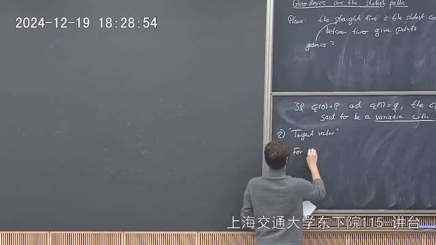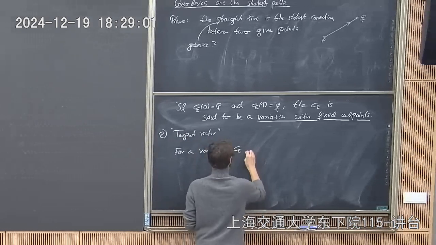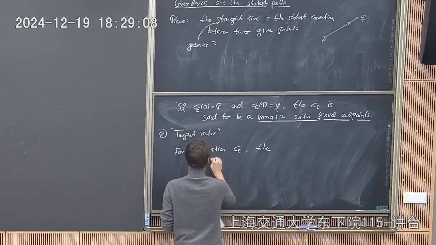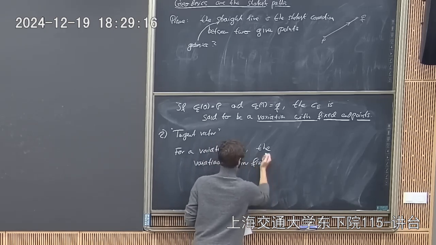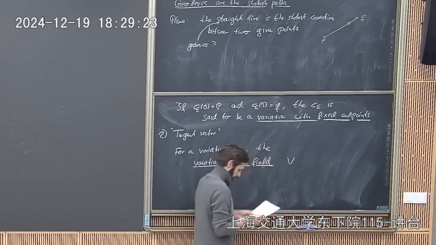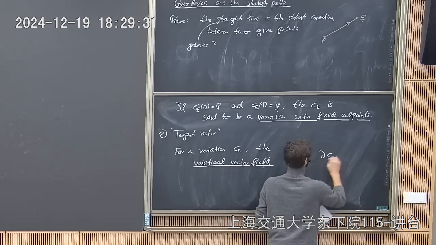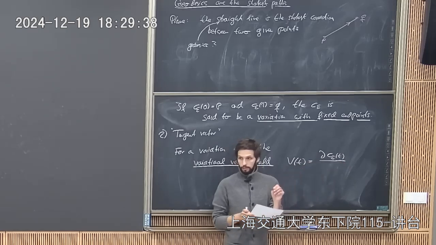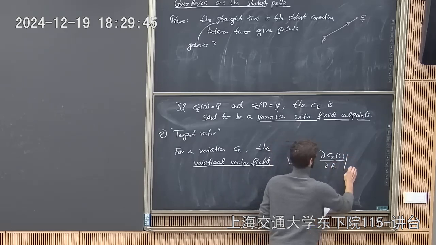So for a variation C of epsilon, what is called the variational vector field, usually denoted by V of t, is given as follows: we take the expression of C of epsilon depending on t, fix the time instance, then change the epsilon and take the derivative in the epsilon direction at epsilon equals 0.